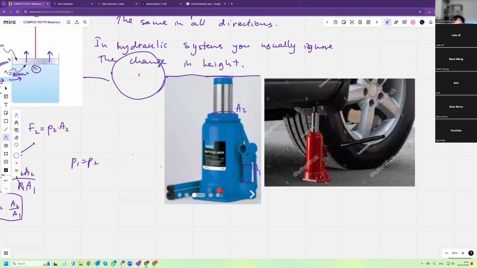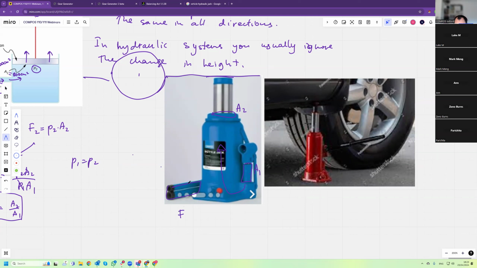And the amount of force that you apply here, so you have a handle which sticks into here, and you move the handle repeatedly, and that pushes this small part in, and then the liquid pushes the bigger piston out.